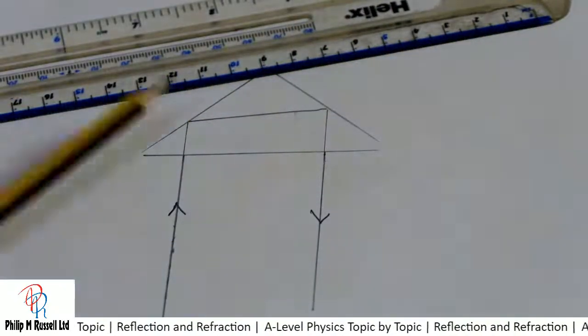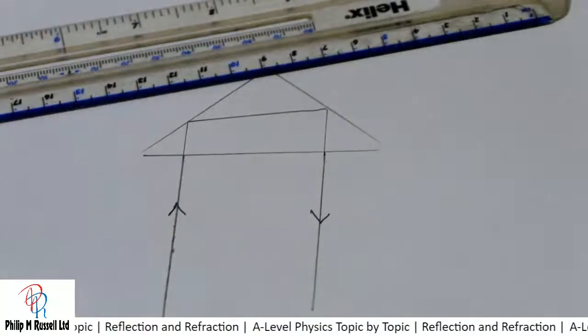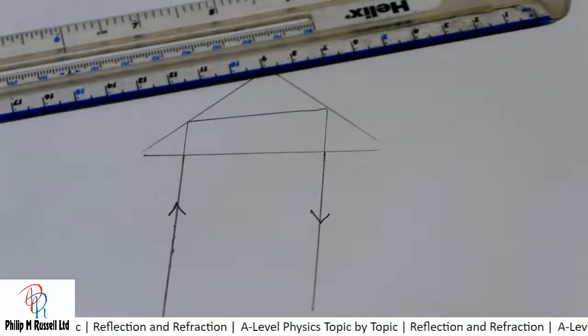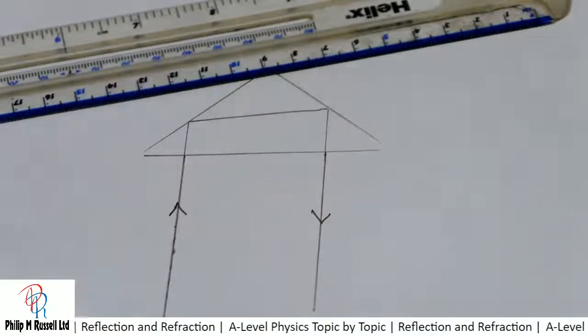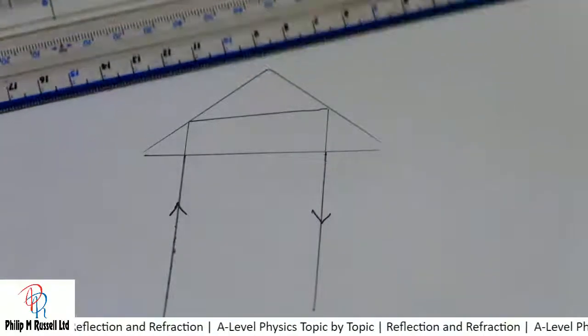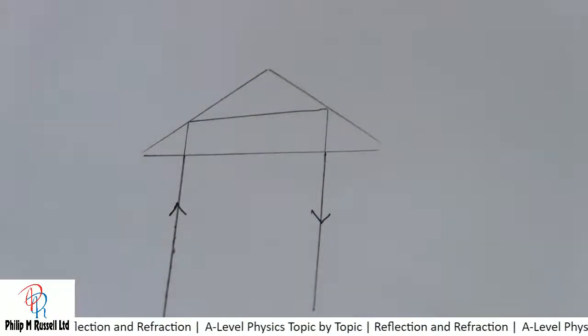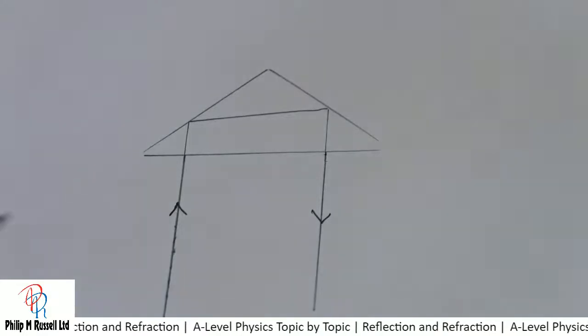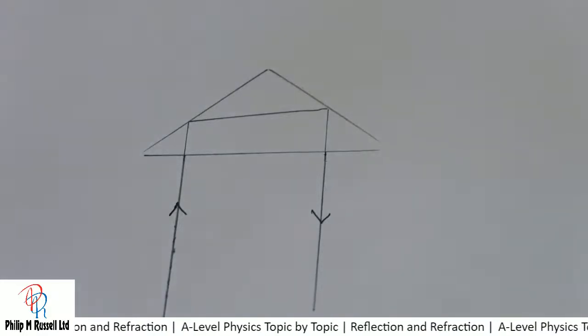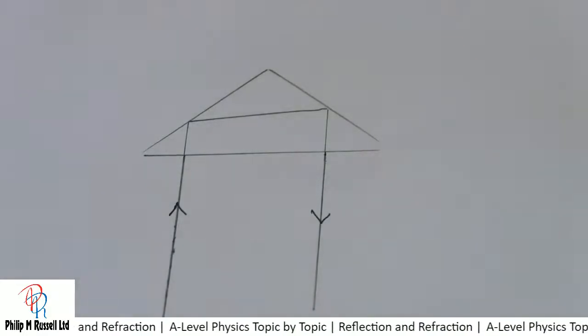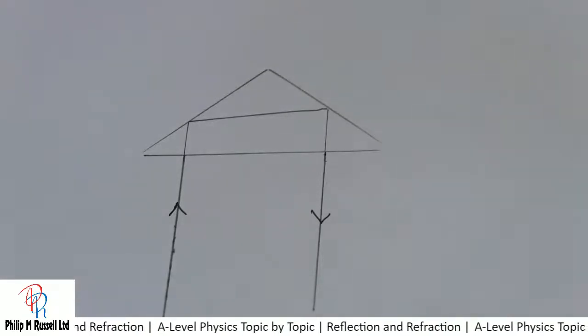And it's not very straight, and the reason is because I wasn't very accurate on trying to put this line in. I was just doing it as best I could. So that gives us some ideas of this idea of refraction.